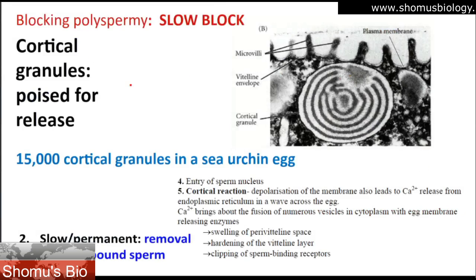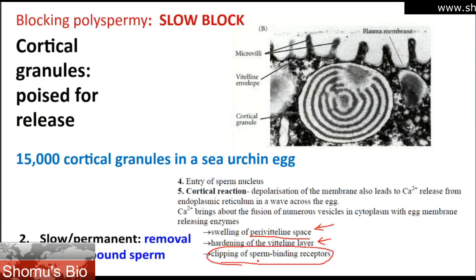So this cortical granules, remember, while they release these cortical granules, this causes three things. The release of the cortical granules causes the swelling of the perivitelline space in sea urchin we are talking about. It causes the hardening of the vitelline layer and clipping of the sperm binding receptor. So what does that mean?